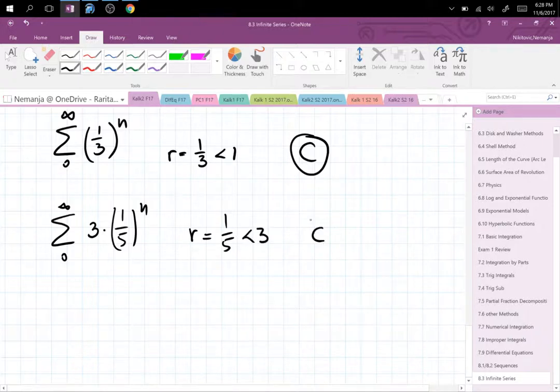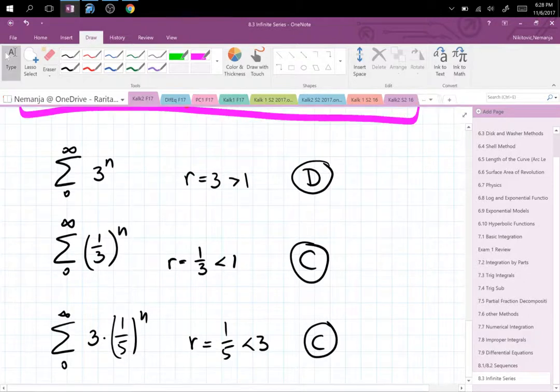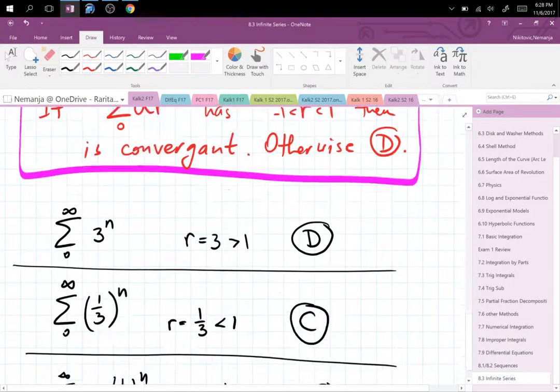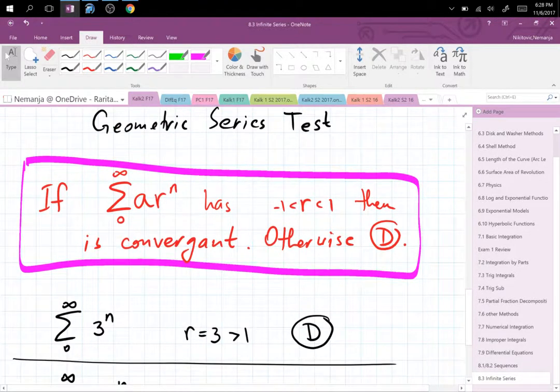Because that 3, the value a, is never mentioned in the theorem. As you can see, the entire theorem doesn't mention anything about a regarding convergence or divergence. It's just the value r. You look at r, right? You have to be able to locate r, and once you locate r, you are good to go to say convergence or divergence.